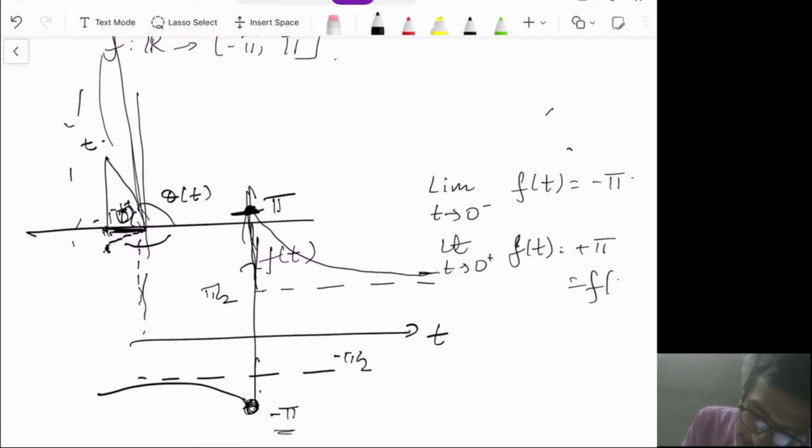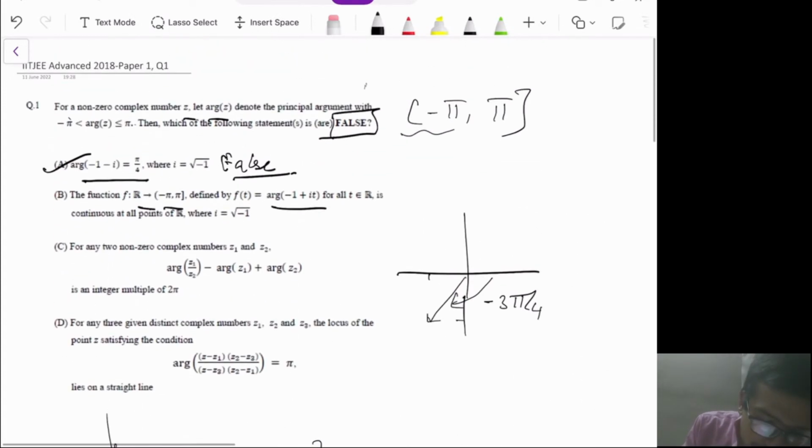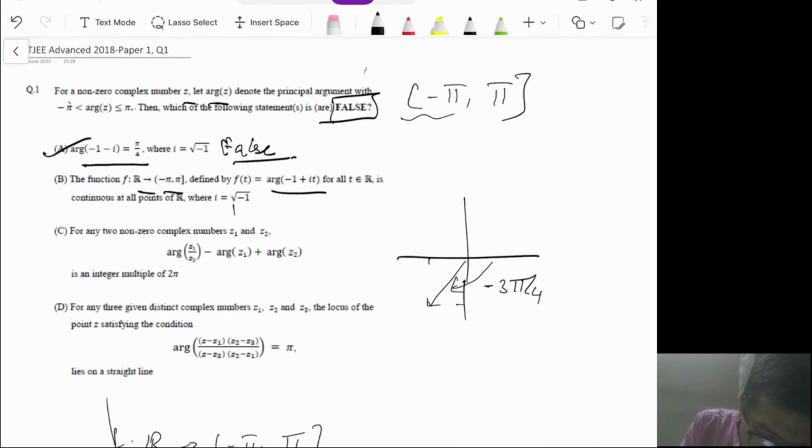This right hand limit equals the value of the function, but the left hand limit is different, so the limit does not exist and of course it is discontinuous at t equals 0, which means that this statement is false. So we'll select this statement.